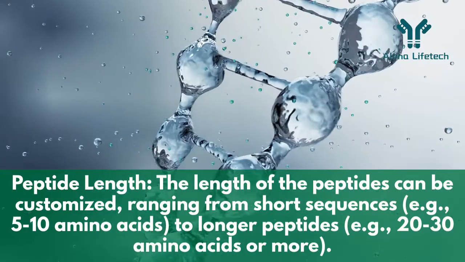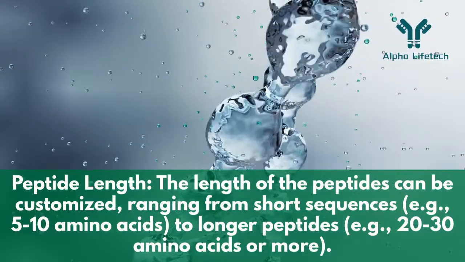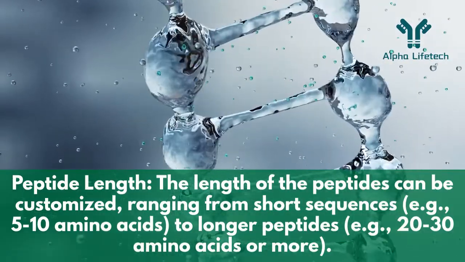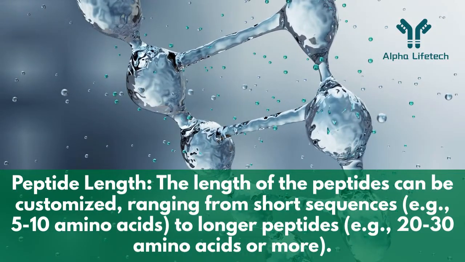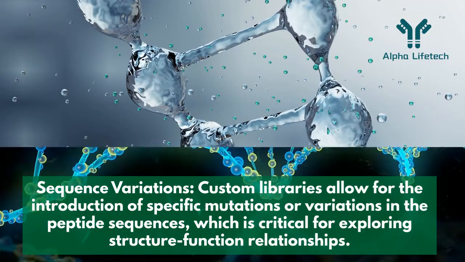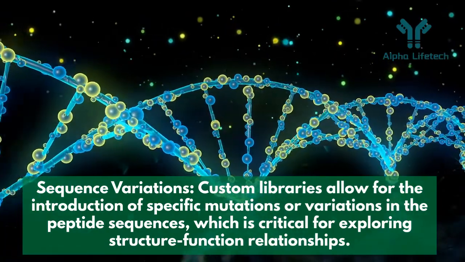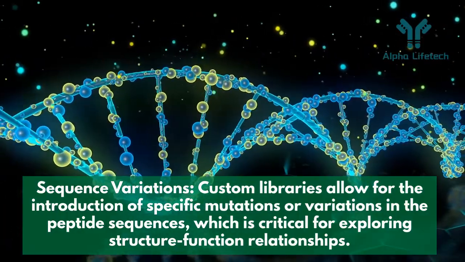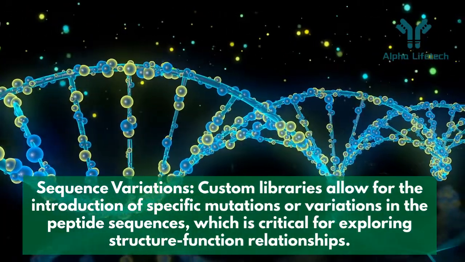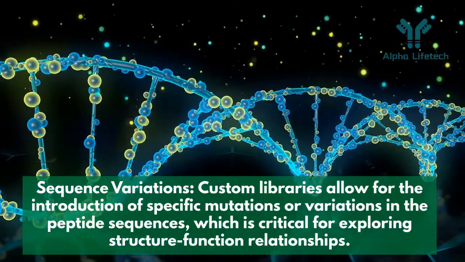The length of the peptides can be customized, ranging from short sequences, for example 5 to 10 amino acids, to longer peptides, for example 20 to 30 amino acids or more. Sequence variations. Custom libraries allow for the introduction of specific mutations or variations in the peptide sequences, which is critical for exploring structure-function relationships.